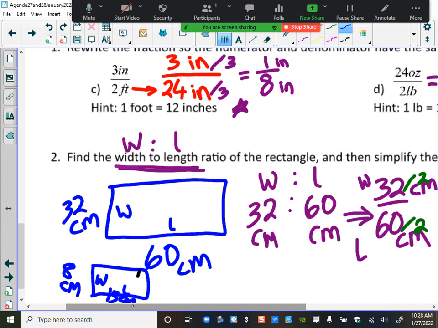Then he would shrink, but his whole body shrunk proportionally as well. So that's basically what we have going on here. We're looking at proportions. Proportion-wise, how much did they get bigger? Or how much did they get smaller? That's what we're going to be doing going forward.